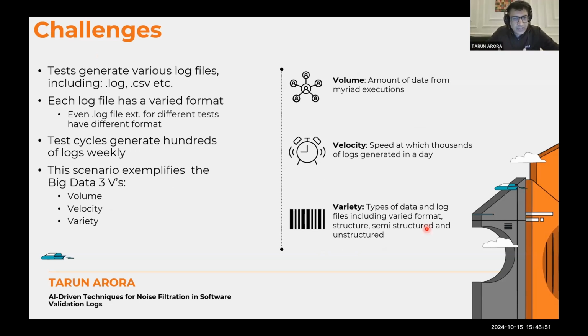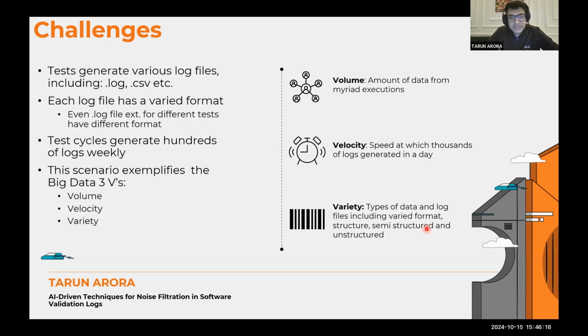Now, each log file has a varied format, right? As I said, a .log file is one format, and even different test types and test levels may have different formats. For example, if you're testing specific test scenarios in integration versus functional versus, let's say, performance and XYZ, right?